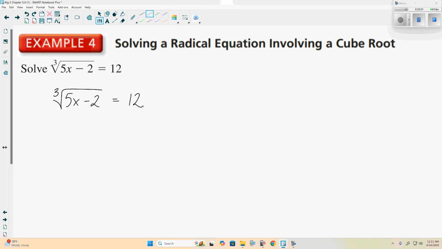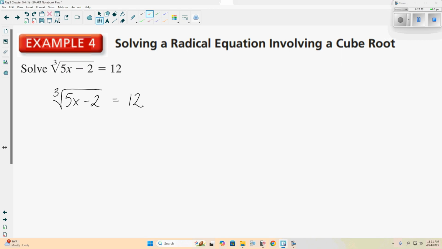Well, now we're looking at a cubed root, yes? Let's see if anything changes. So let's keep to the same steps, and hopefully nothing changes because it's a cubed root instead of a square root. First step, is there one radical? Okay. If so, get it by itself. It's by itself.